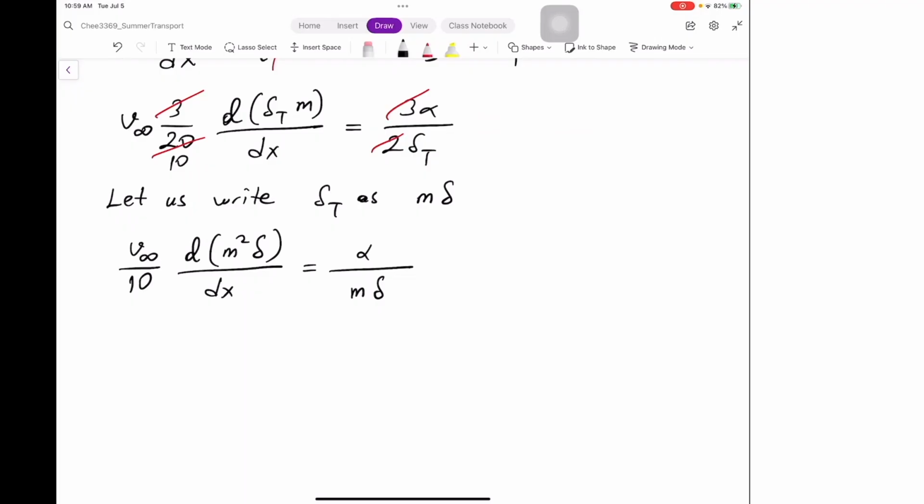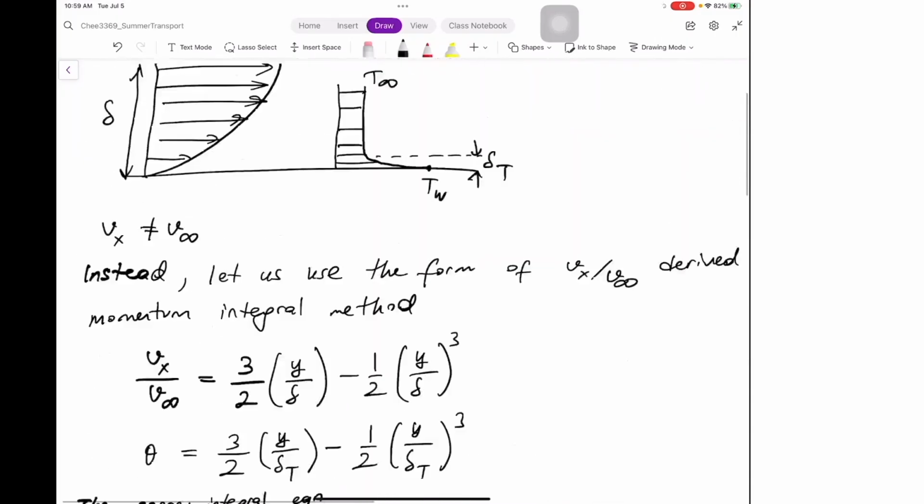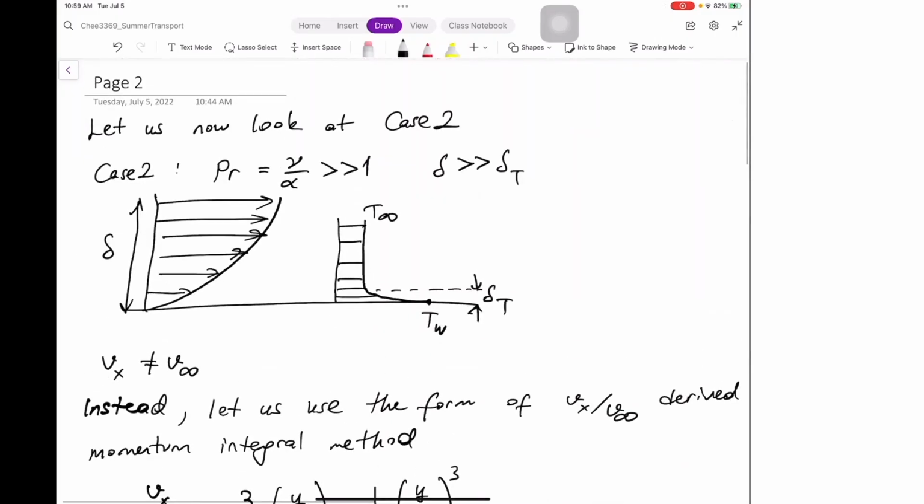Okay. So let's have a look at the delta for a moment. So the delta is changing with x.